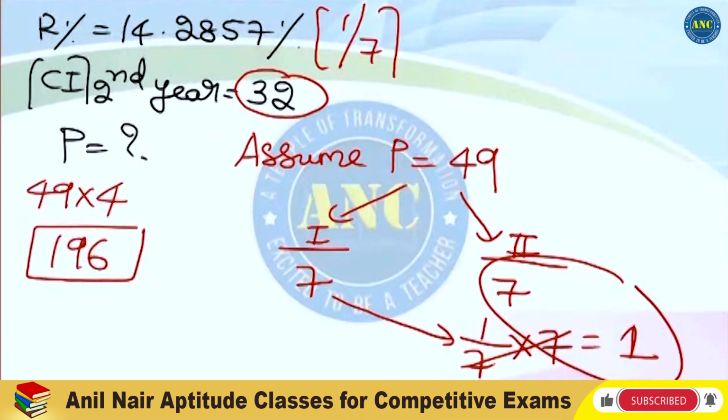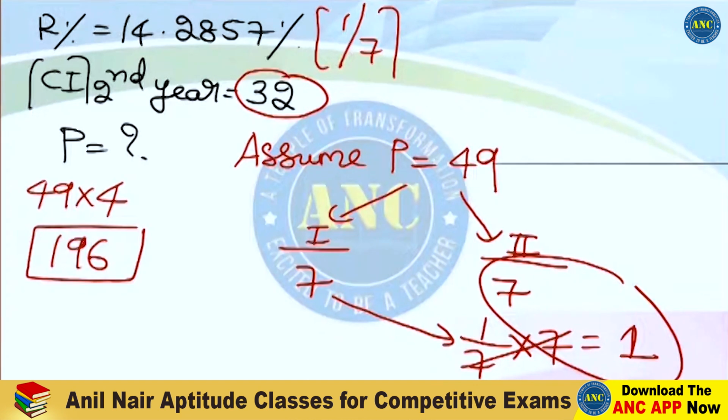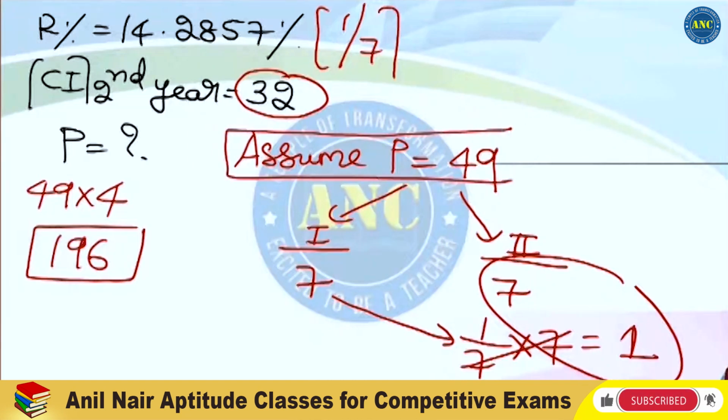Idea clear? Kindly reply in the live chat if this concept is clear to you. 1 by 7. Principal is denominator power k. Assume principal as 7 square, which is 49.